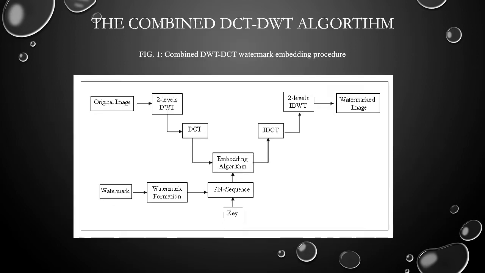Now moving to the combined DCT DWT algorithm. This is the flowchart of the combined DWT DCT watermark embedding procedure. In this, we can see the original image, that is our host image. First, we apply 2 levels of DWT to that image.